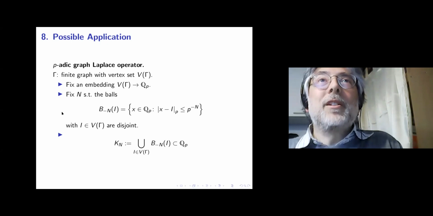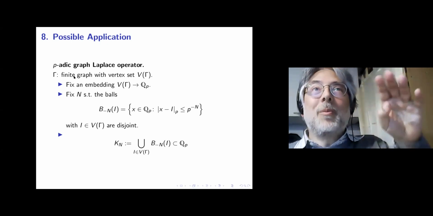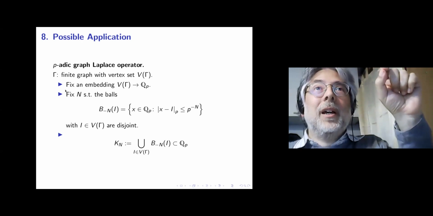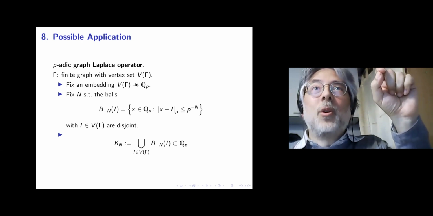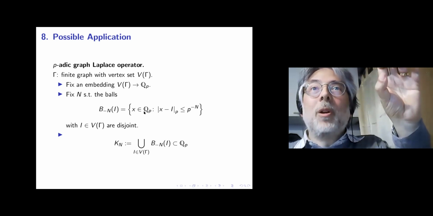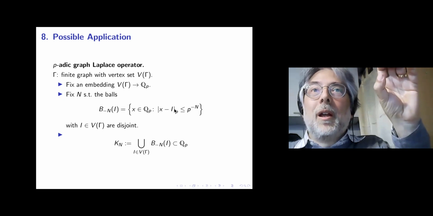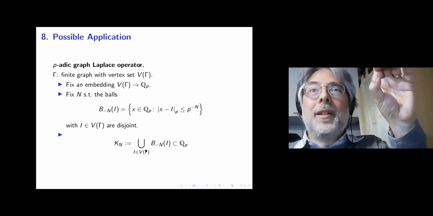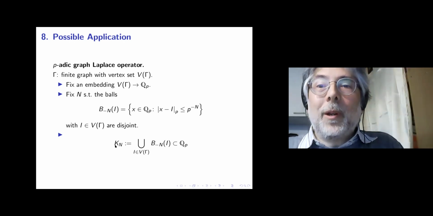And I'll explain briefly the p-Adic graph Laplace operator that you get from such a finite graph with a vertex set V. You just give p-Adic coordinates to the vertices, and then fix a small enough p-Adic ball around each vertex, such that these balls are disjoint, and then take the union, which we call Kn.